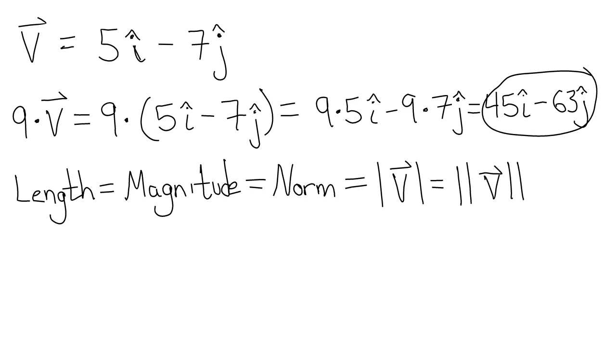I think the textbook that we use does single bars. But how do you find the length of this vector? It's just Pythagorean theorem. It's the square root of the first component squared plus the second component squared.